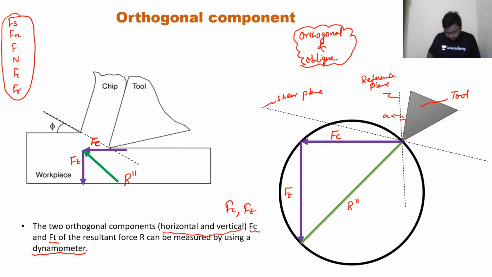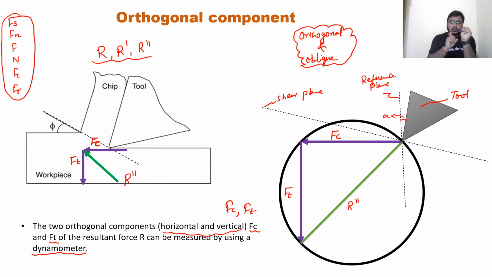Now, one more thing you should understand: what did you get? You got R, you got R dash, and you got R double dash, right? This is the resultant force. And when you are machining, these are held in a chuck, or they are fixed by fixtures, right? Through some means they are fixed, so there is no movement there.